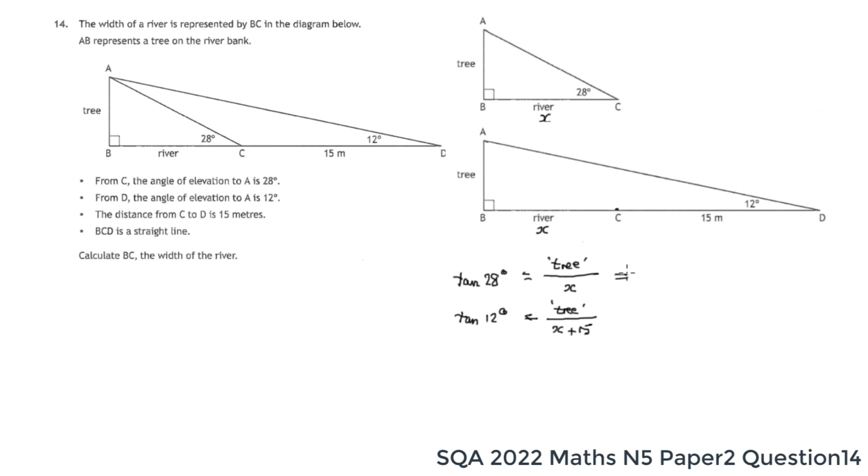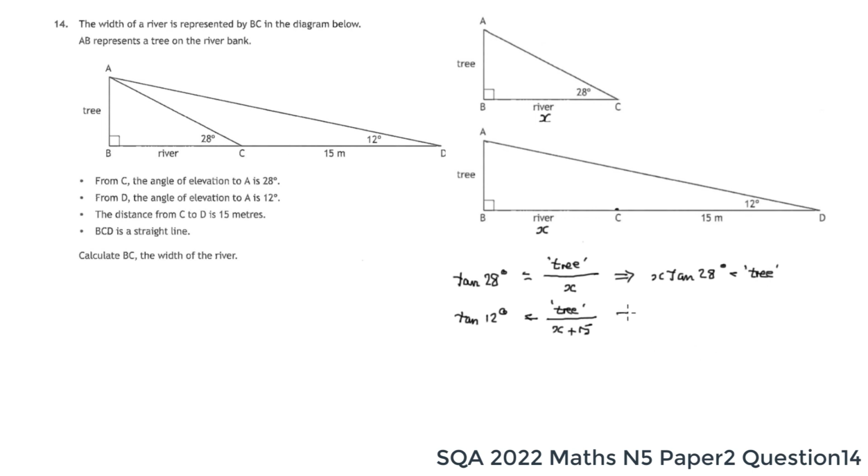Let's take the first one and get the height of the tree on its own. We'd do that by getting rid of this divide by x from both sides of the equation. We'd multiply both sides by x. So on the left-hand side, we'll get x times tan 28. And the x, of course, here would disappear, and we'd be left with the height of the tree.